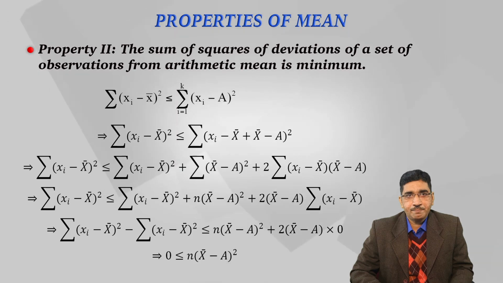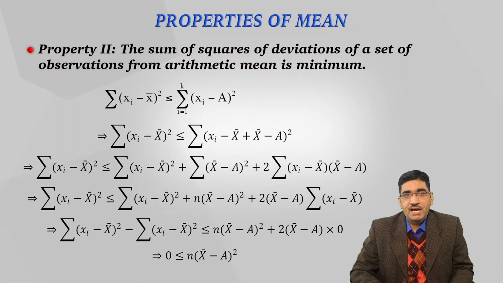So in the next step, on the right hand side we add and subtract the mean value and expand this square term in the third step. So on expanding, the first term will be the summation of (xi minus x bar) square, that is the same as the left hand side.